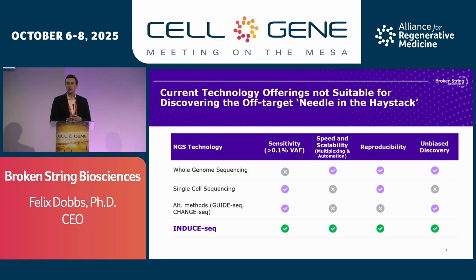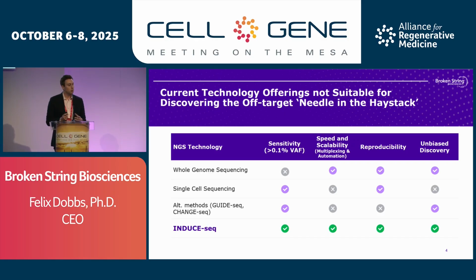What makes this challenge harder from a technical standpoint is that trying to find these off-targets is like trying to identify a needle in a haystack when looking throughout the genome. Really, this needs a very sensitive next-generation sequencing-based approach to even get at this problem, but standard NGS tools are simply not suitable for doing this.